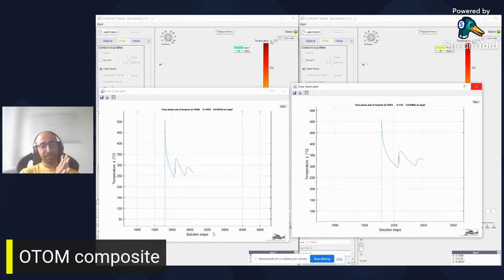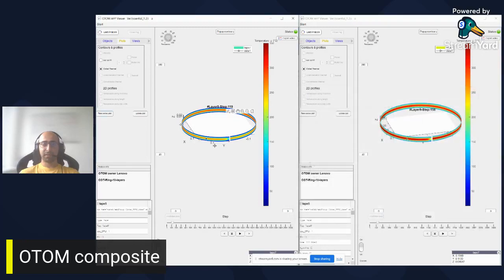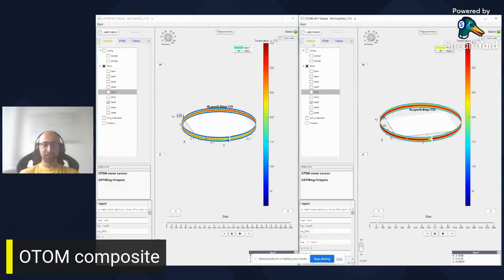All of this complexity brings a different scenario for the predictions of this crystallinity phenomenon. So I guess for now that was the crystallinity predictions in OTOM software.